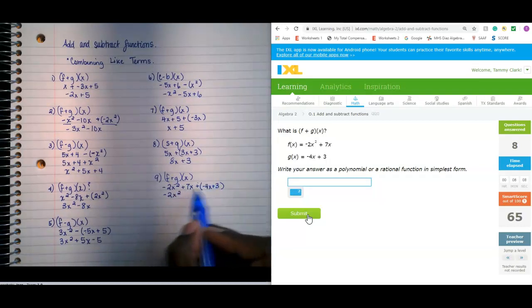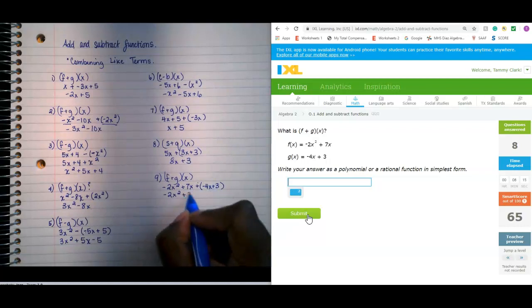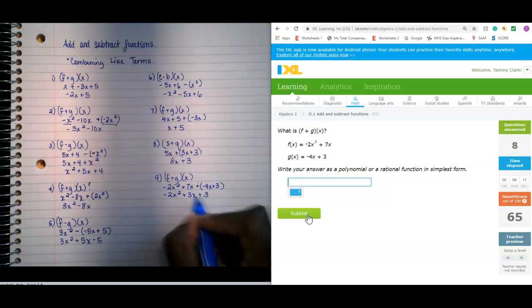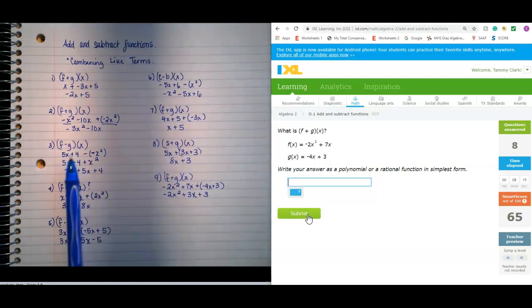Well, we have 7x plus negative 4x, which is the same as saying 7x minus 4x, which is positive 3x. We have no other constant, so that's plus 3. Let me check it. Negative 2x squared plus 3x plus 3.